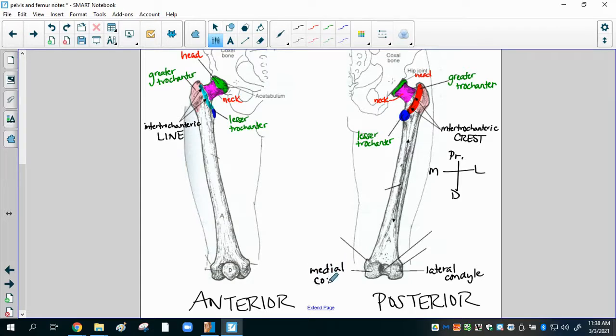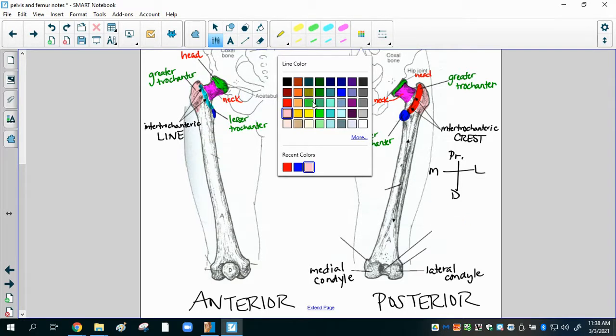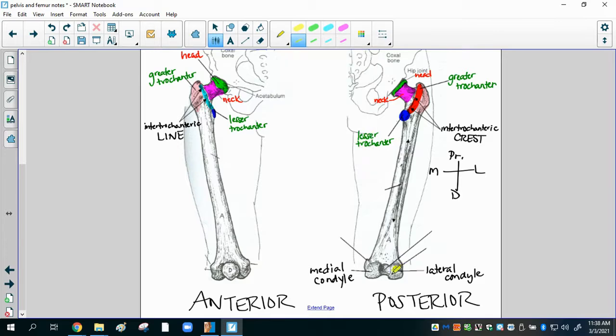Now, we had the same setup in the humerus, but if you remember, we didn't call them condyles. We called them specifically the capitulum and the trochlea. So I'm going to add a couple bits of color. Lateral condyle. Keep in mind, I really could transition that color to this side as well, because it's that whole chunk of bone there.